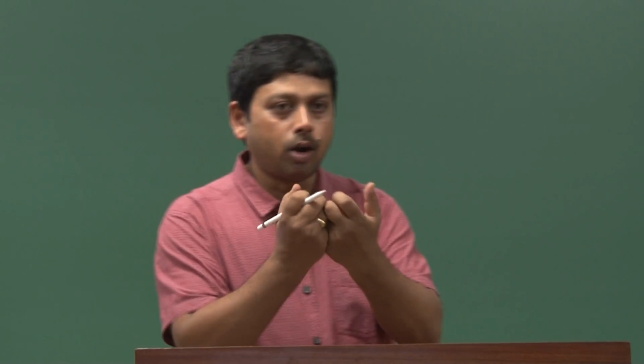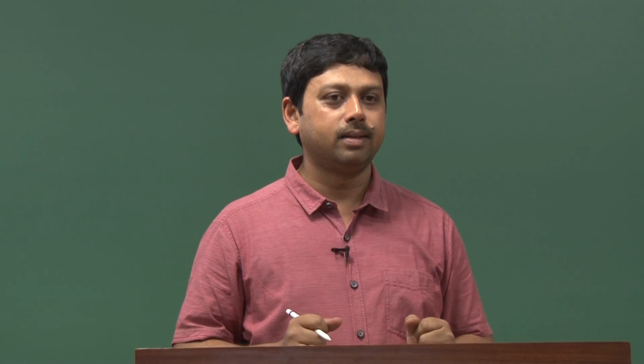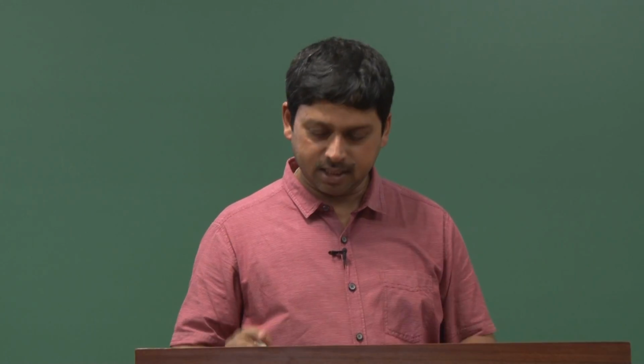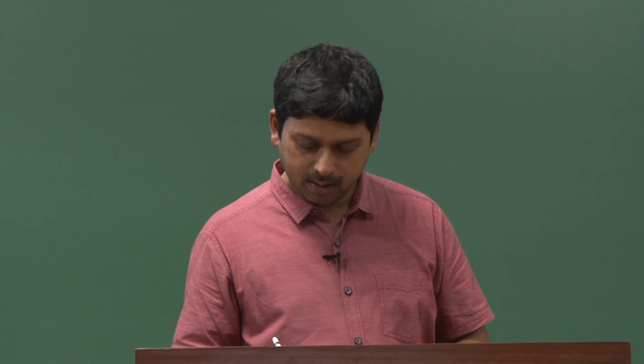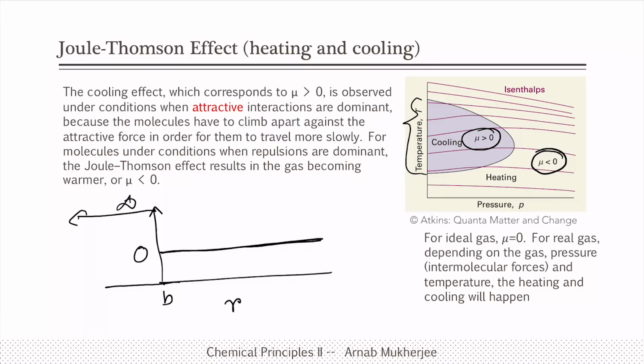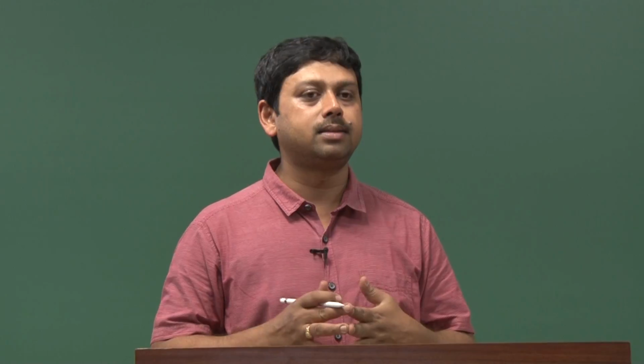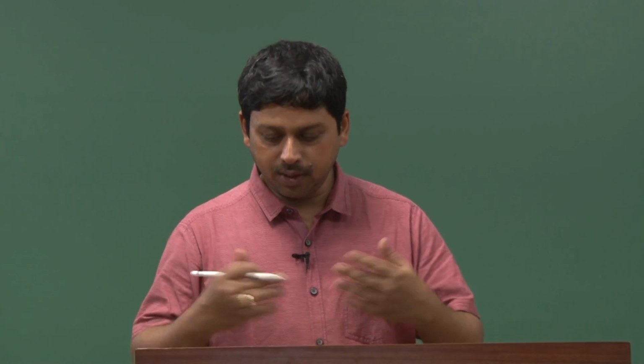It cannot get to B or below that value, which is the volume occupied by the particle. So, it is a repulsive interaction. Anything below this value will be infinity, and at the value B it will be infinity. That is the repulsive potential at the value of B, and that is giving us a heating effect.